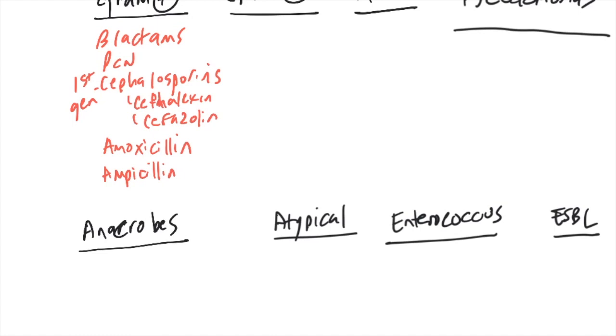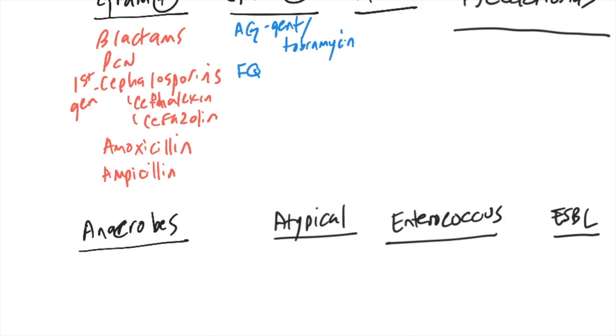Now let's move to gram-negative organisms. If you have a gram-negative infection, you want to think about classic antibiotics that give great coverage for these bugs. Classically, you'll think about aminoglycosides like gentamicin and tobramycin. You'll also think about fluoroquinolones like ciprofloxacin, moxifloxacin, levofloxacin. These give you great gram-negative coverage.